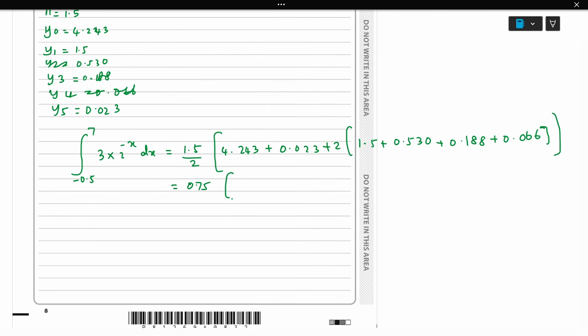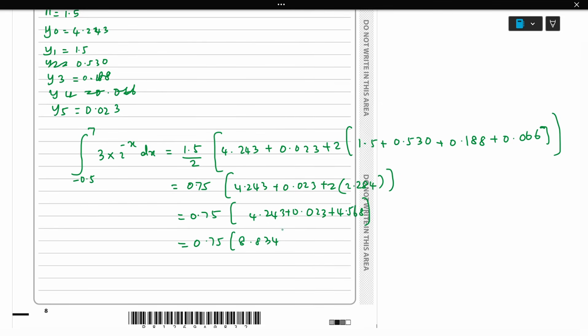Okay, just simplify. So 0.75 into 4.243 plus 0.023 plus 2 into the sum. You get 2.284 when you add up all the between terms. So 0.75 into 4.243 plus 0.023 plus 4.568, which is equal to 0.75 into 8.834.